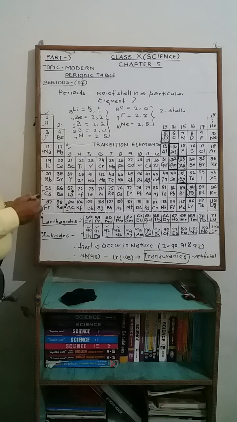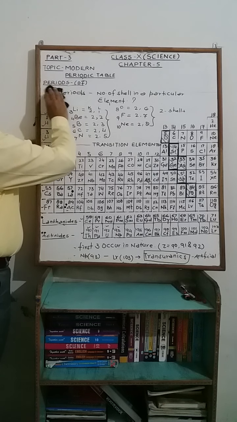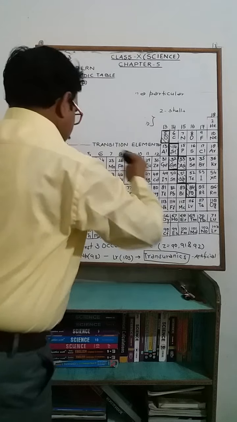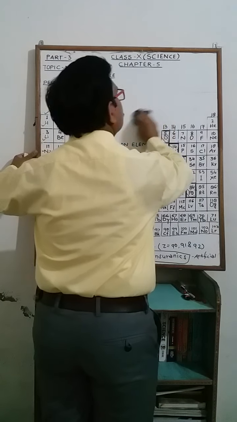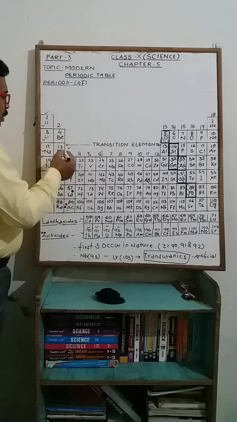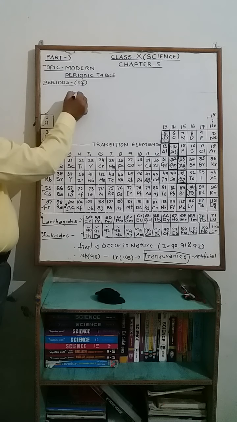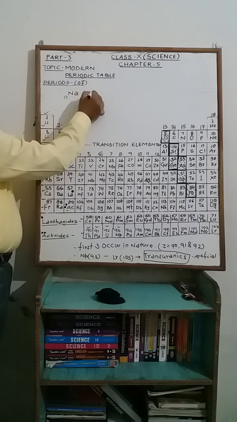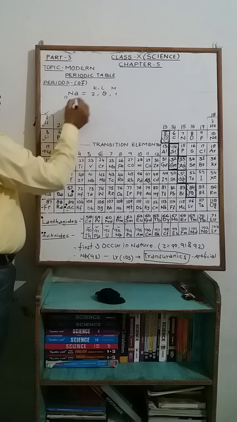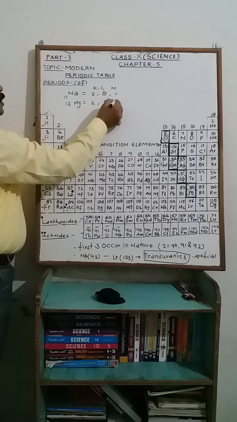One more example with period 3. Number of shell denotes the period number. If sodium 11, 2, 8, 1, KLM. 12 magnesium, 2, 8, 2.